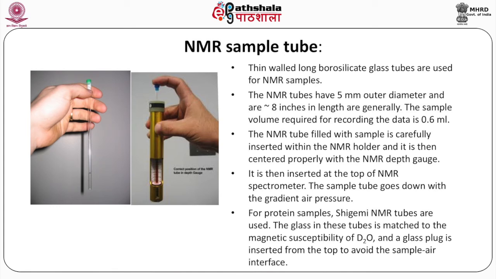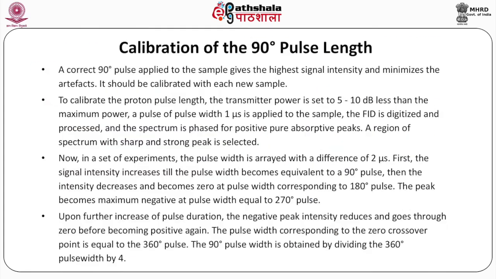For protein samples, Shigemi NMR tubes are used. The glass in these tubes is matched to the magnetic susceptibility of D2O, and a glass plug is inserted from the top to avoid the sample air interface, and in our lab we usually use the Shigemi NMR tubes.